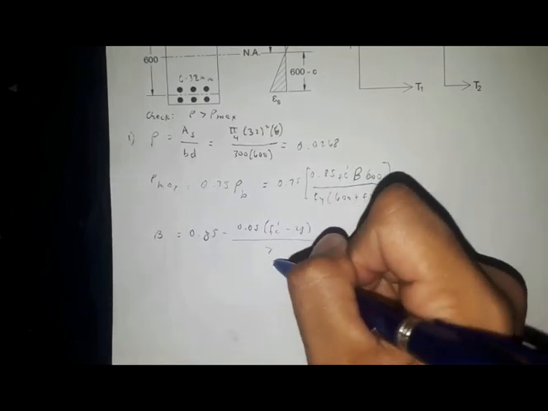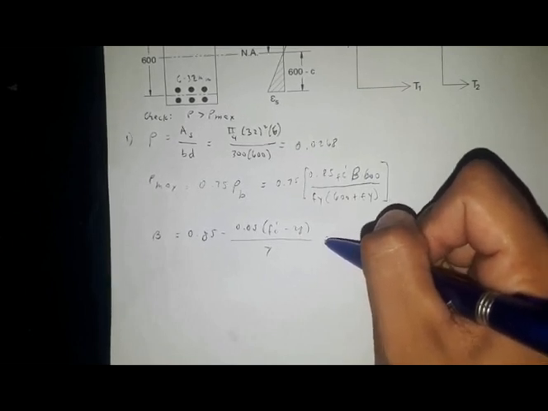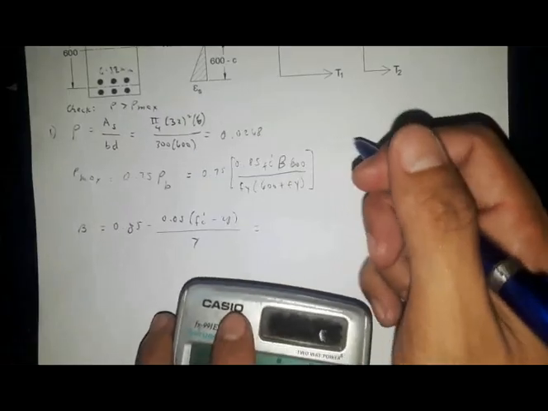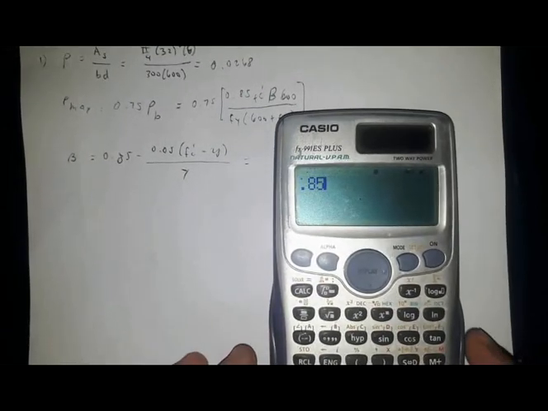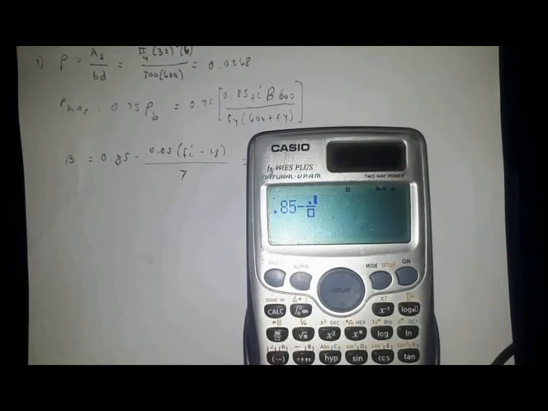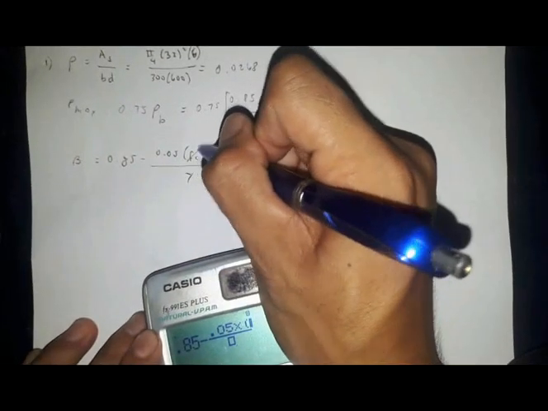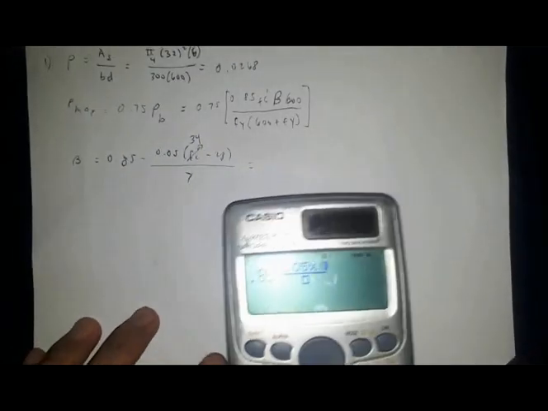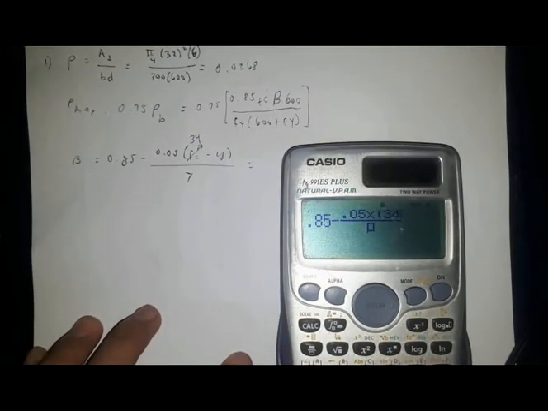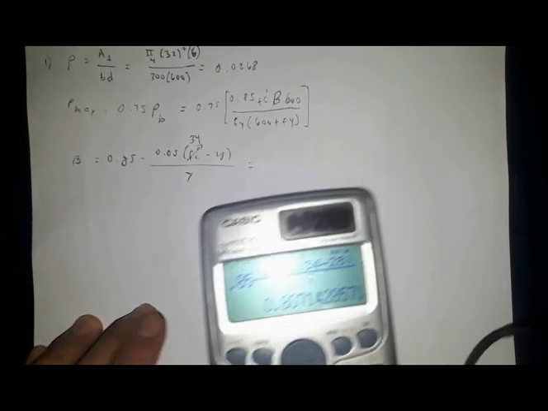Let's solve: beta is 0.85 minus 0.05 times the quantity of FC prime, which is 34, so 34 minus 28 over 7. So our beta factor is 0.807.